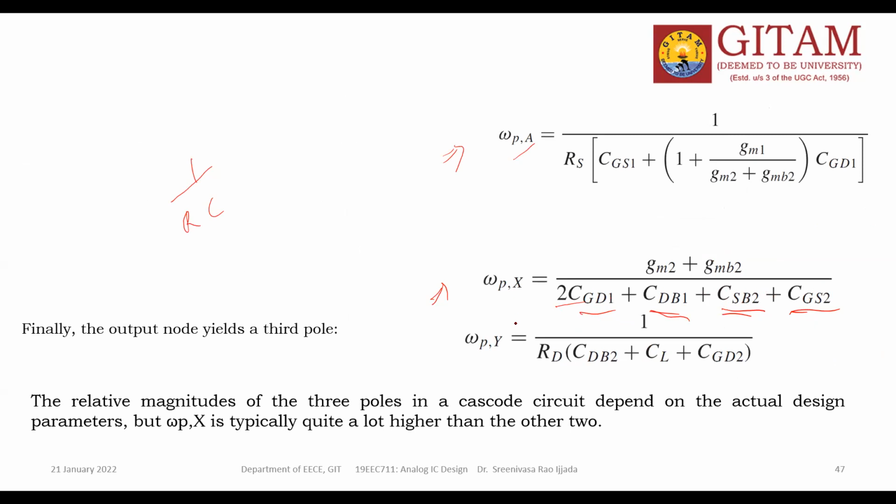And what is this R value? R is 1 by GM2 plus GMB2. So the pole frequency at node X is GM2 plus GMB2 by 2 times CGD1 plus CDB1 plus CSB2 and CGS2.